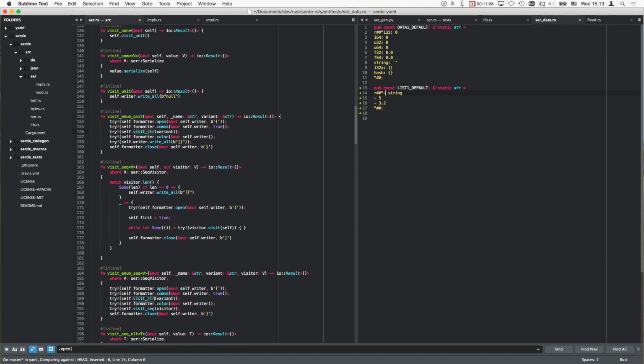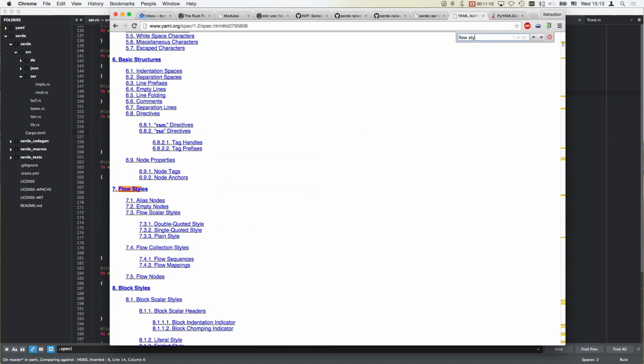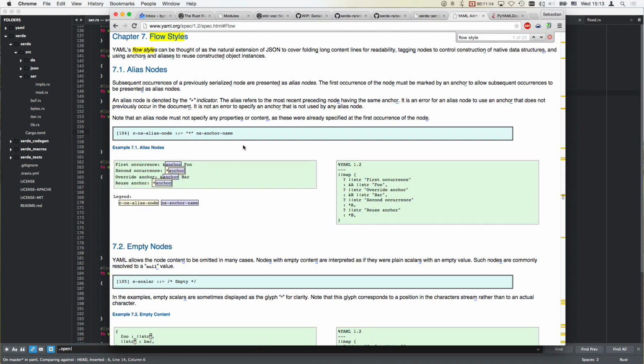Default flow style. So now it gets interesting, because is this something specific, or is there a term flow style? Ah, look at that. There is a flow style here. YAML flow styles can be thought of as a natural extension of JSON to cover folding long content lines for readability, tagging nodes to control construction of native data structures, and using anchors and aliases to reuse constructed object instances.